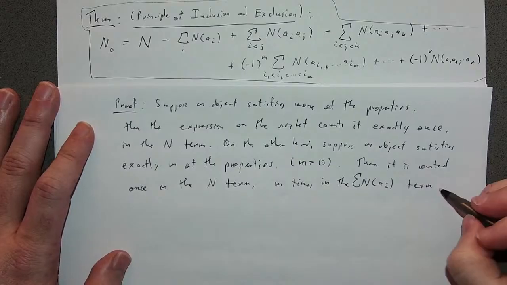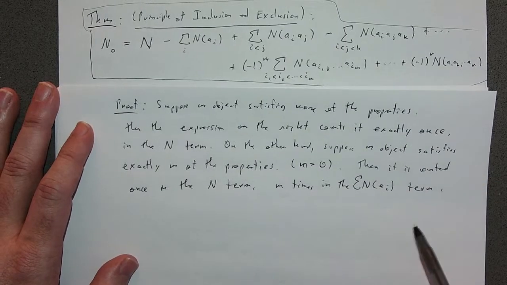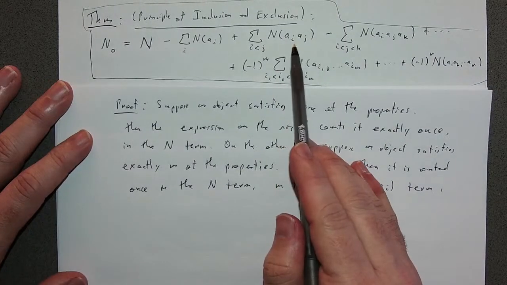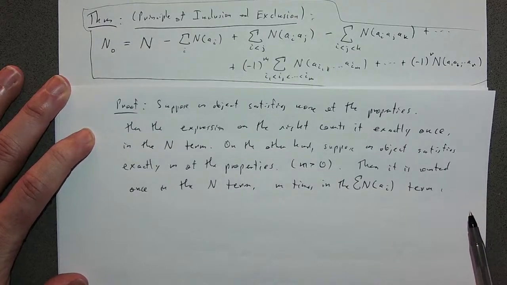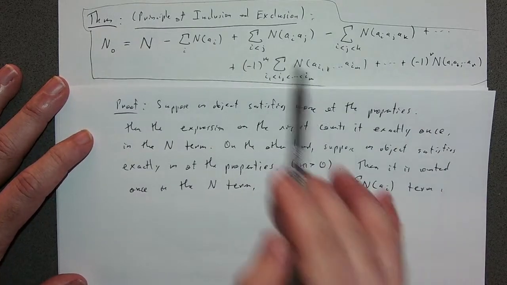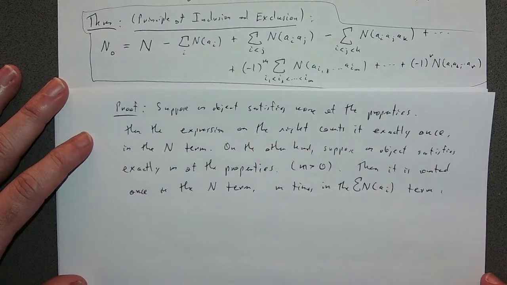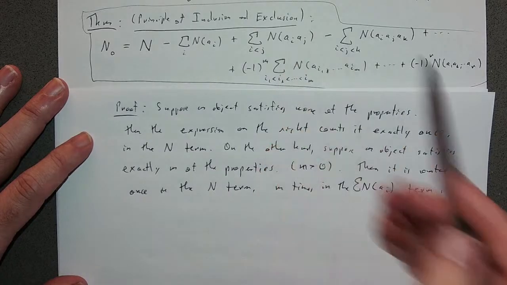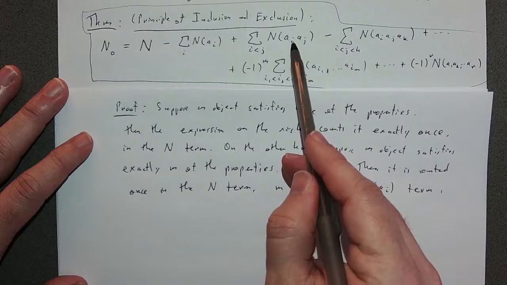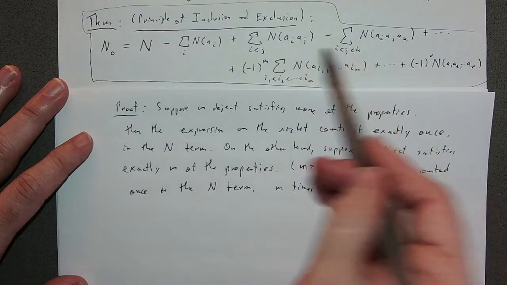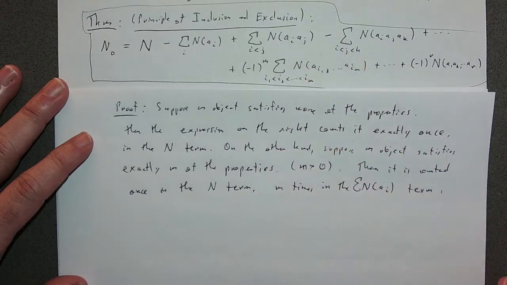How many times in the second term? So in this second sum term here, how many times is it counted? Well, I have m properties, and it's going to be counted if I have 2 of the properties from the m that are included here.